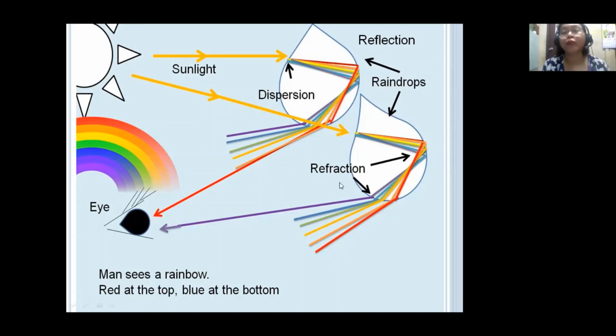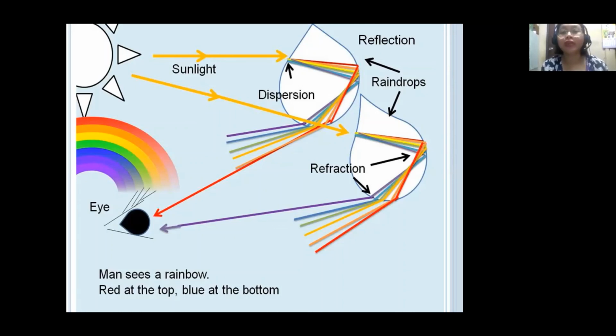Okay, and when you see a double rainbow, siya yung kabaligtaran ng unang rainbow. For example, the rainbow here it has red on top and then violet at the bottom. Pag tinignan mo yung isang rainbow, double rainbow, baligtad. Violet and then red. Okay, kasi diba sa reflection na babaligtad yung image.